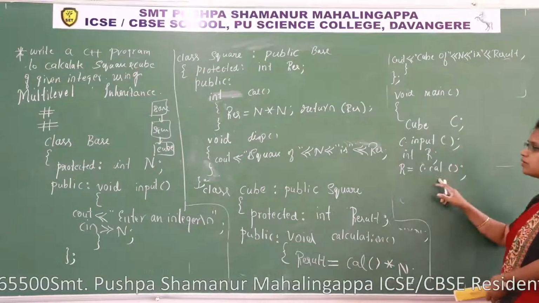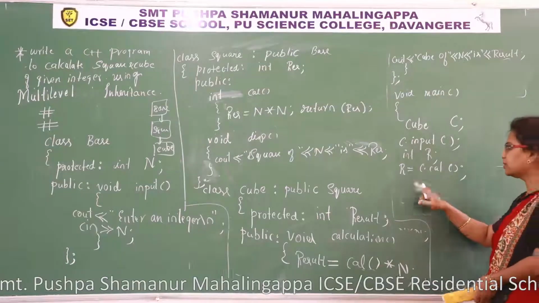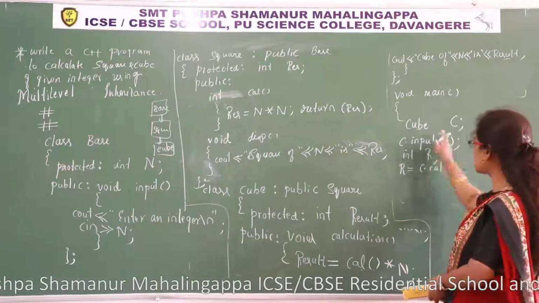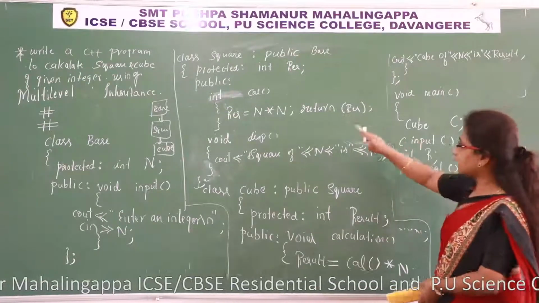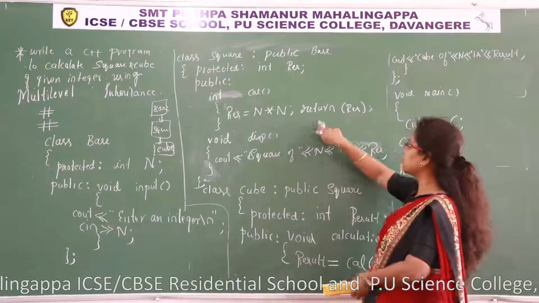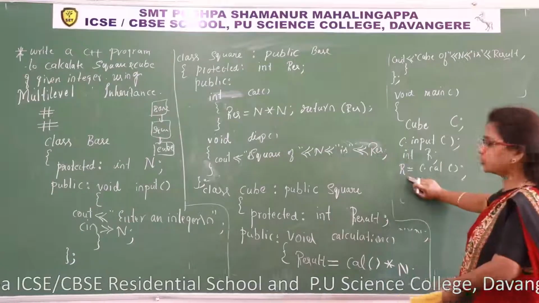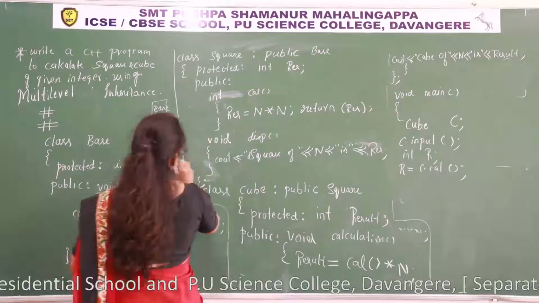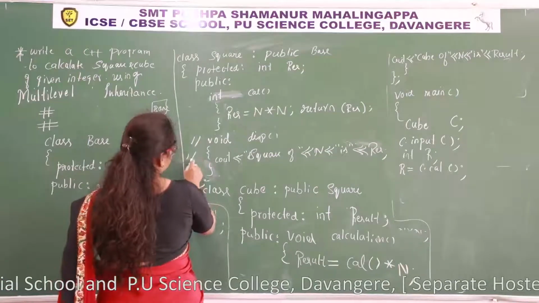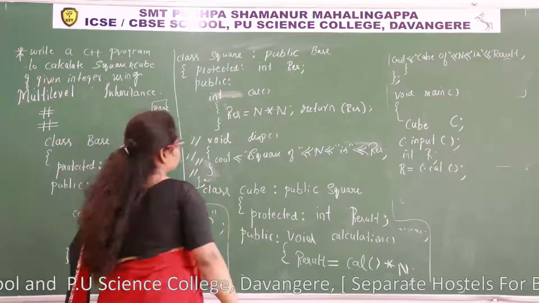Okay, the cal function is invoked using the object of this class, the cube object. Now the cal function will be invoked and the result will be returned. That result is stored in r. So I'll comment these four lines.